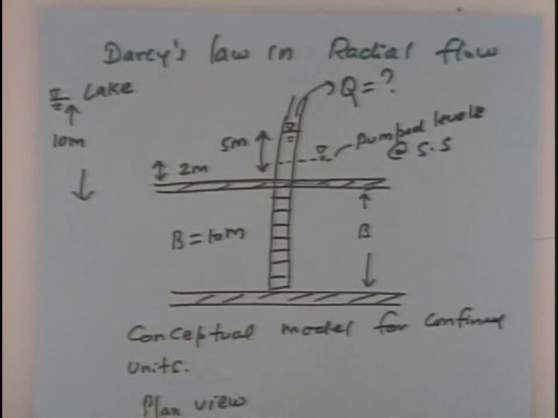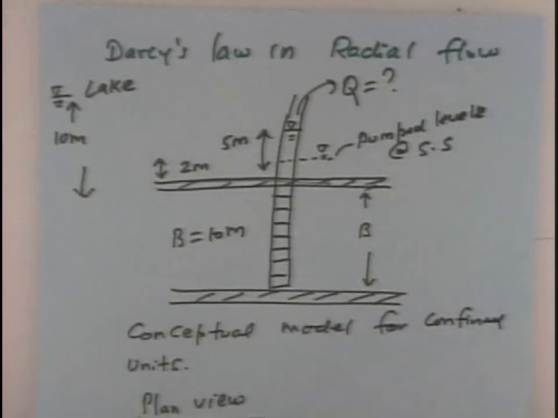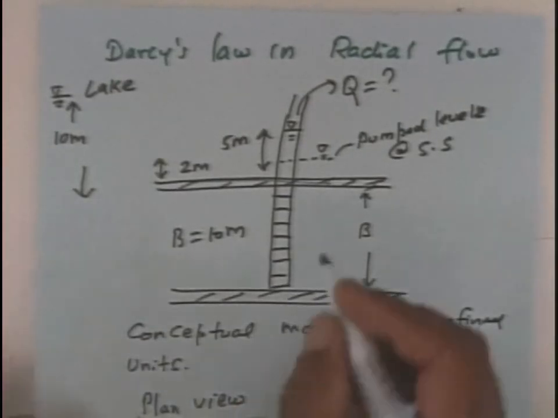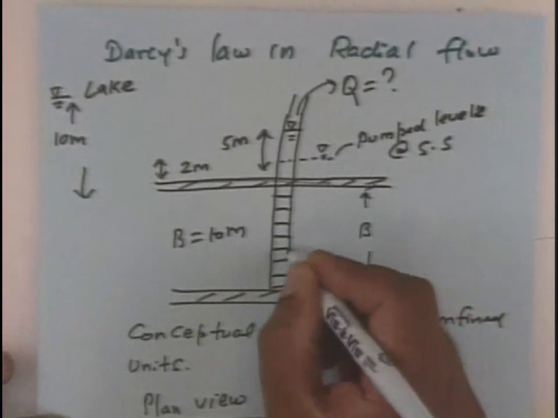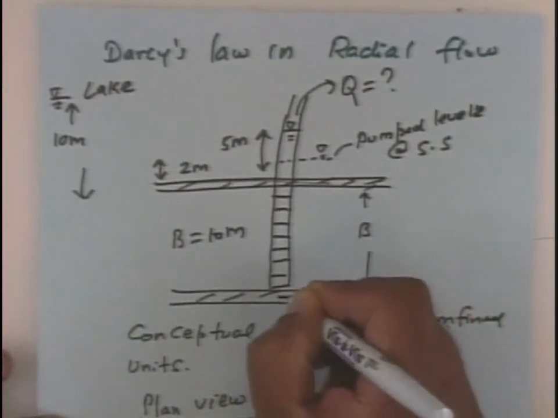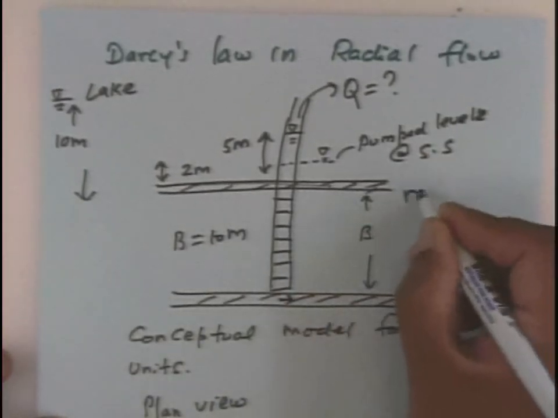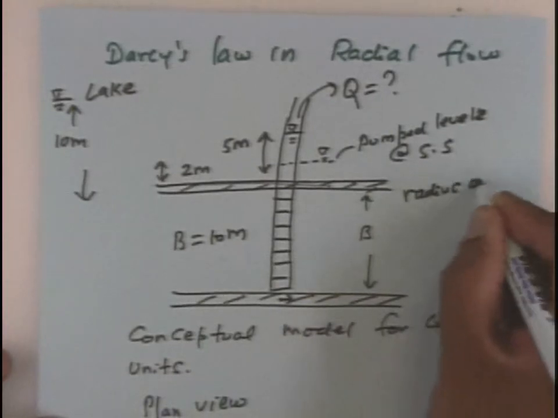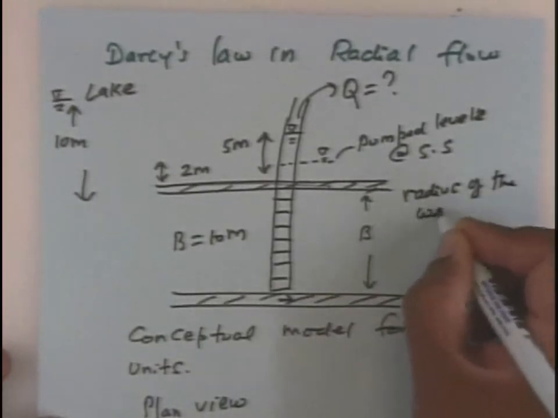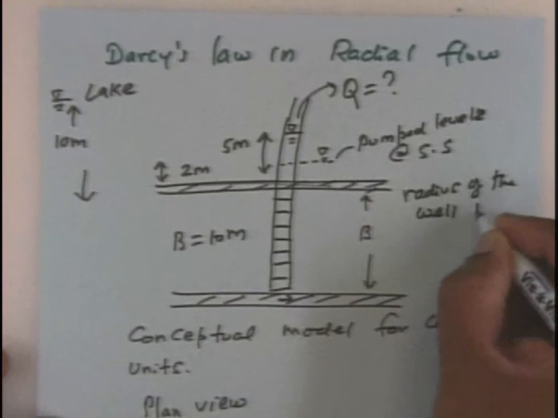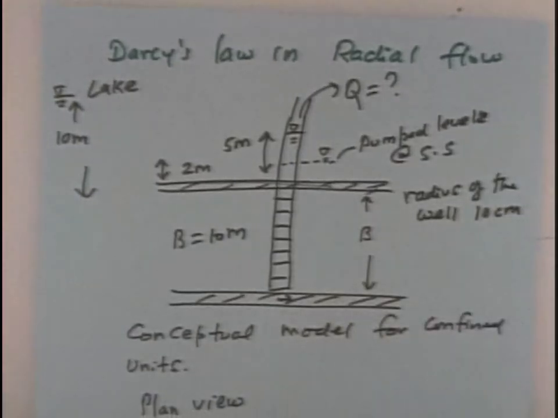The well diameter is, say, let's assume it's about 30 centimeter. Oh, that's 15 centimeter, the radius of the well. Let's assume it's a very small hole, a 20 centimeter hole.